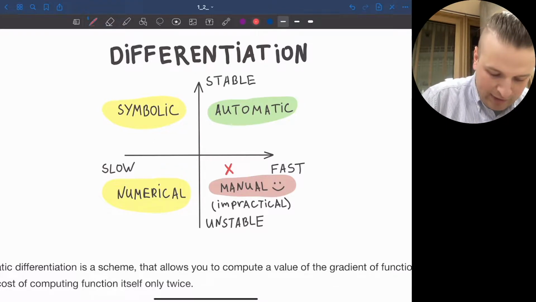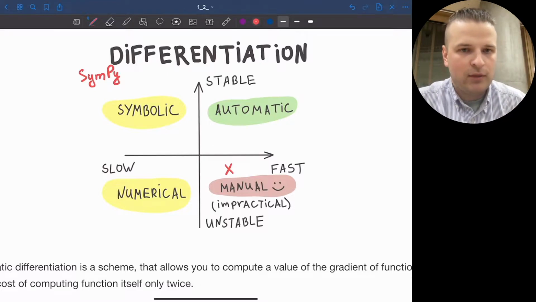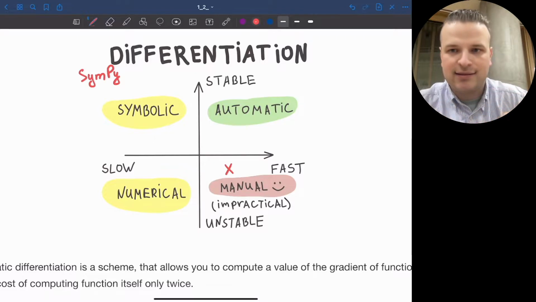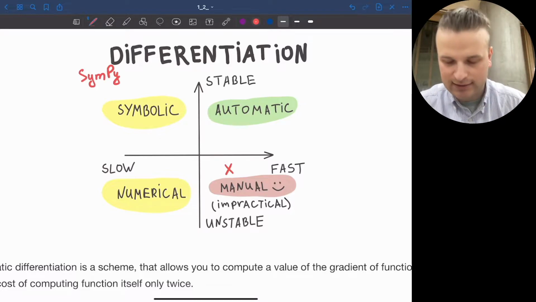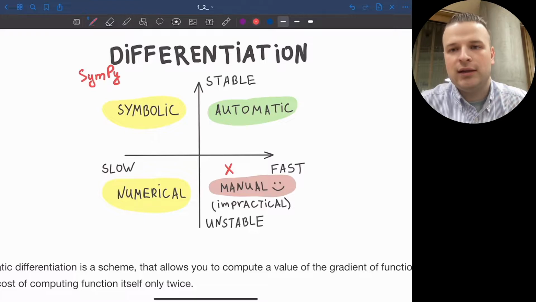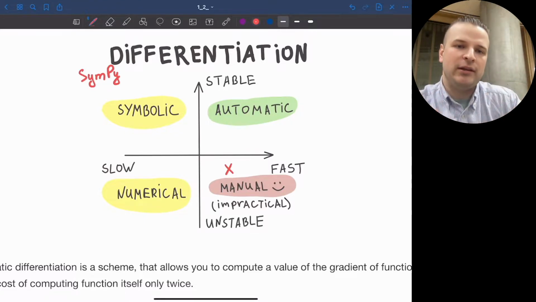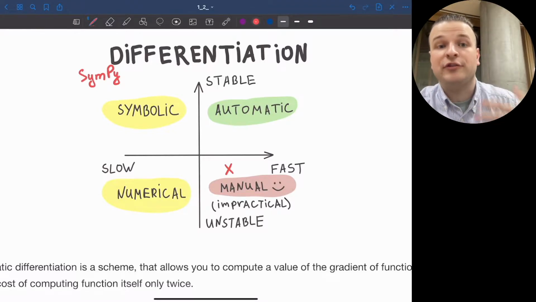For example, in Python we have the SymPy library where you can input your function in a symbolic way, like x to the power of 2 plus exponent of sinus, etc. So using this combination of relatively simple building blocks, you can type in your symbolic expression for your function and receive an answer, for example, the gradient of this function.